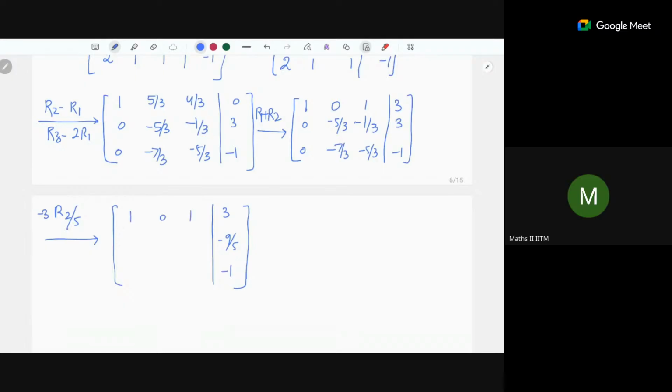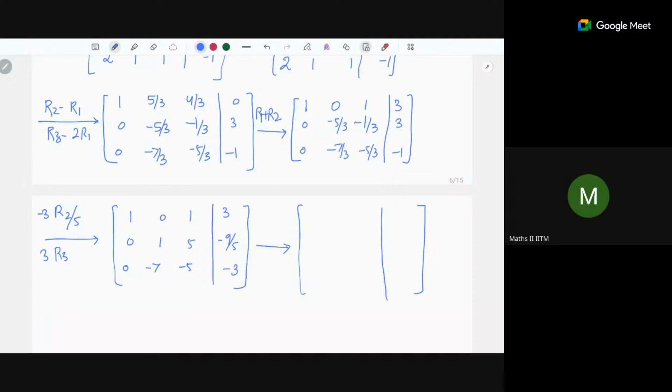Second row becomes 0, 1, 3, 3 cancels out, and it will be just 5. Third row, I'm writing it like this. No problem with that. I've just multiplied third row R3 times 3. So we'll get this.